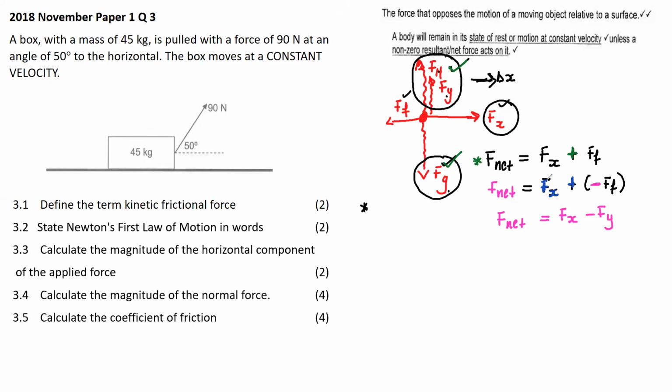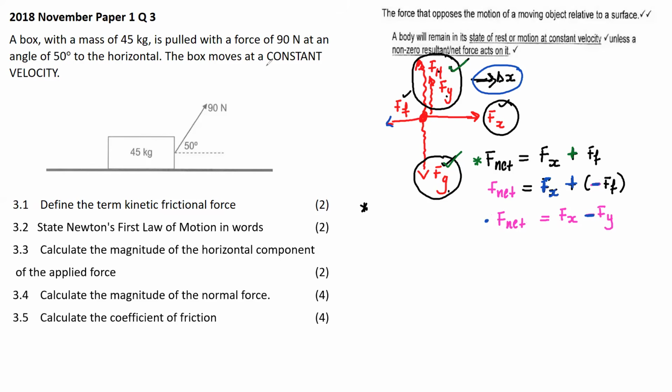Why is Fx positive? Because it's moving in the same direction as the displacement of the object. Ff is opposing the displacement, so the force of friction is actually negative. Plus times minus is minus. So Fnet is Fx minus Ff.